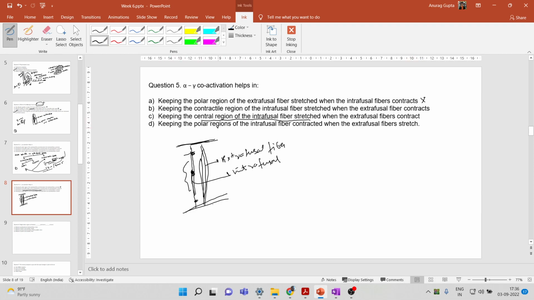Or keeping the polar region of the intrafusal fiber contracted when the extrafusal fibers stretch, this is correct, right? So this is the correct answer. Answer D.